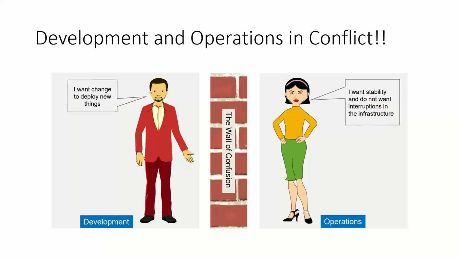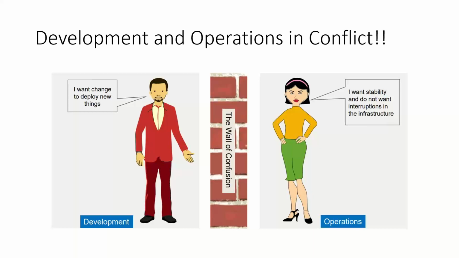Once development is done, it goes to a different team, the testing team, right? So there is no collaboration at all between the teams. There is a wall of confusion between the teams with the waterfall model and agile model.